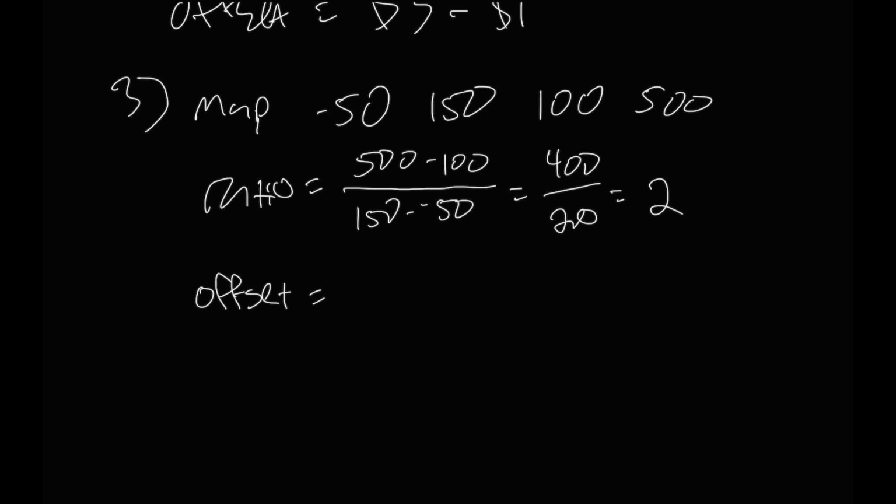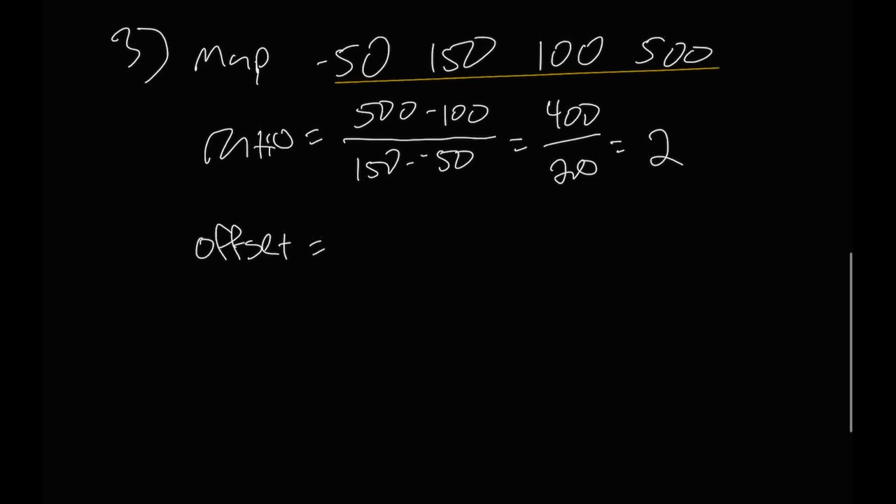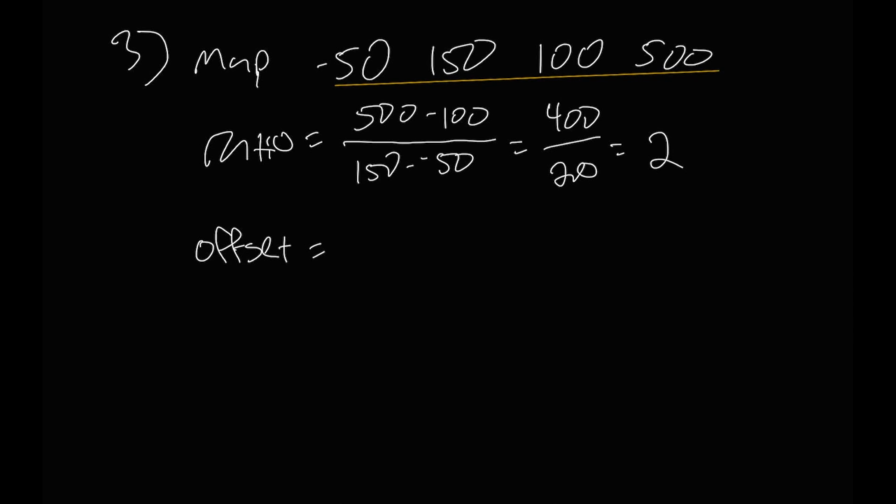So we need to make sure that our offset is actually being affected by the ratio that we calculated. Let's start by trying to do some of these values by hand and see if we can start to notice a pattern with it. So if we have an input value of -50, let's see what we need to do in order to end up at our value of 100.